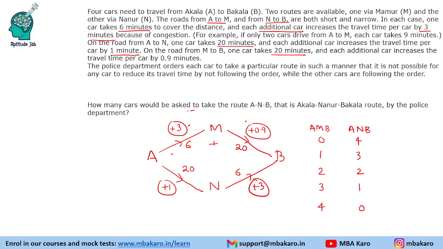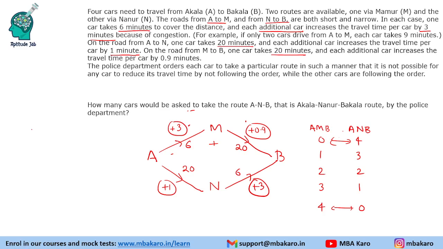We could easily reject these cases 0, 4 and 4, 0 by using common logical reasoning that if all cars are in one route, that will be highly congested and a person will try to break the rule to come to the other route, right? But let us see it mathematically as well.